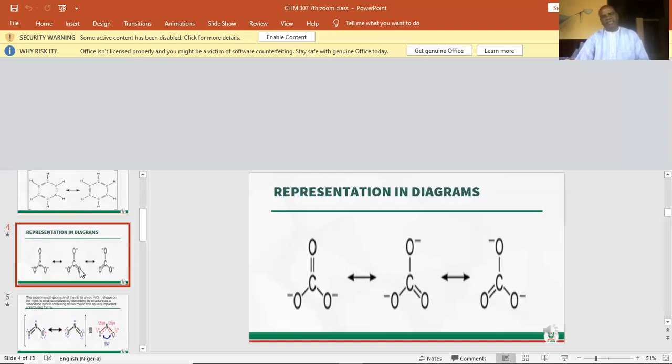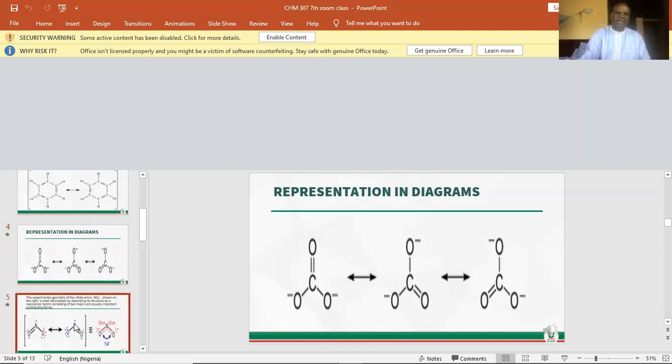What that means is that the double bond on the first opens up to give a negative charge on the oxygen, and the negative charge on the other one goes to form a bond on the other side of the molecule.